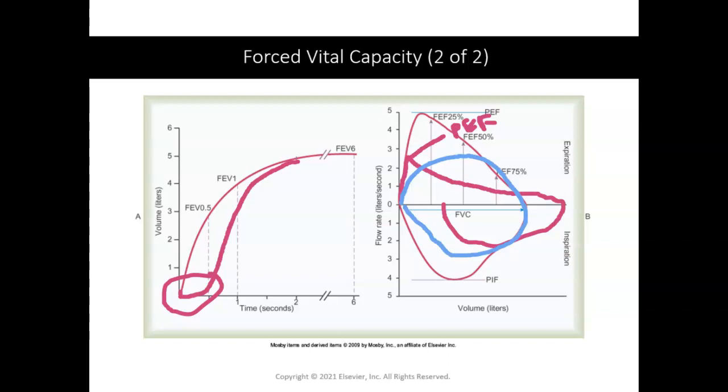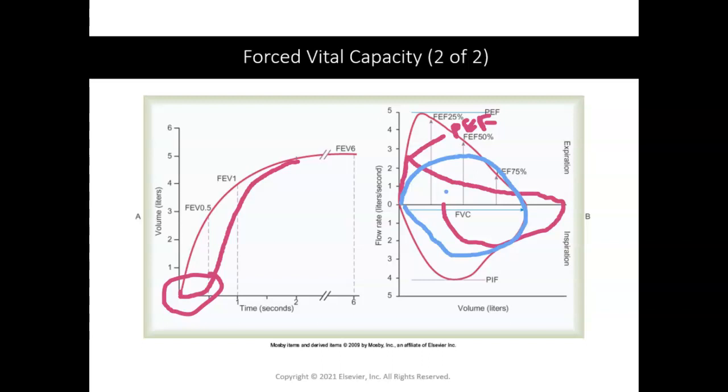So this is where observation of your patient comes into play. If I'm having this and I'm noticing that my patient is truly making optimal effort, then I know that this is a fixed airway obstruction. But if my patient's just sitting there sighing, that's how this loop is going to look, and it's going to tell me that I don't have very good effort from my patient.